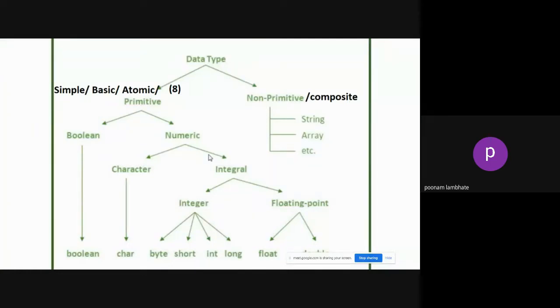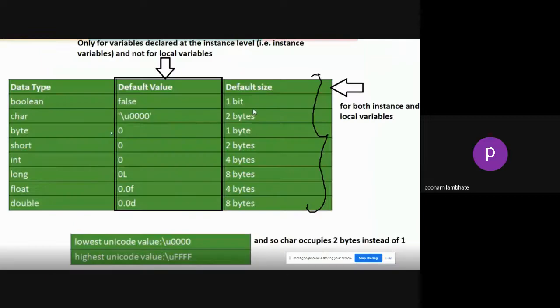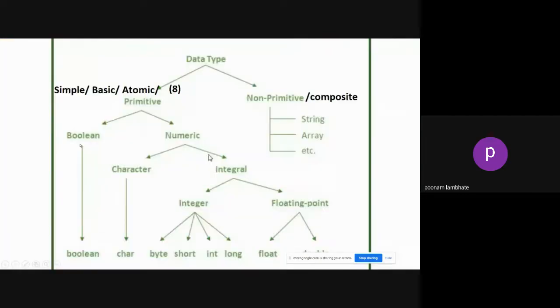Now, which are the different data types? You can have basic or simple data types. In simple, basic, or primitive, there are two types broadly, Boolean and numeric.